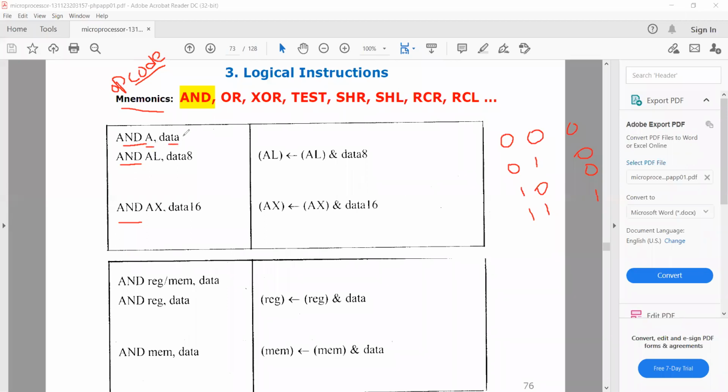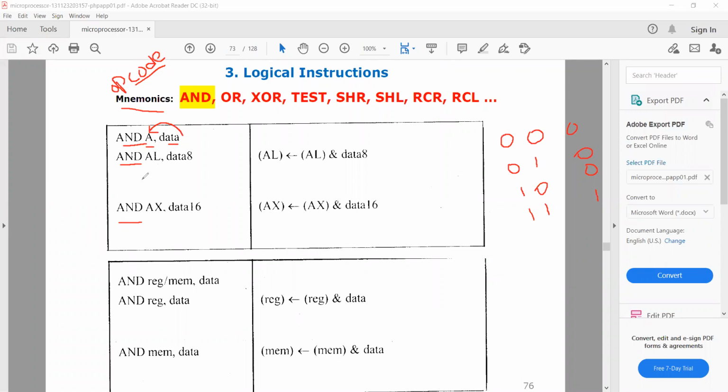That means the data that is given directly in the instruction will be ANDed, that is, the AND operation is performed, with the data that is present in the A register. A register means accumulator.